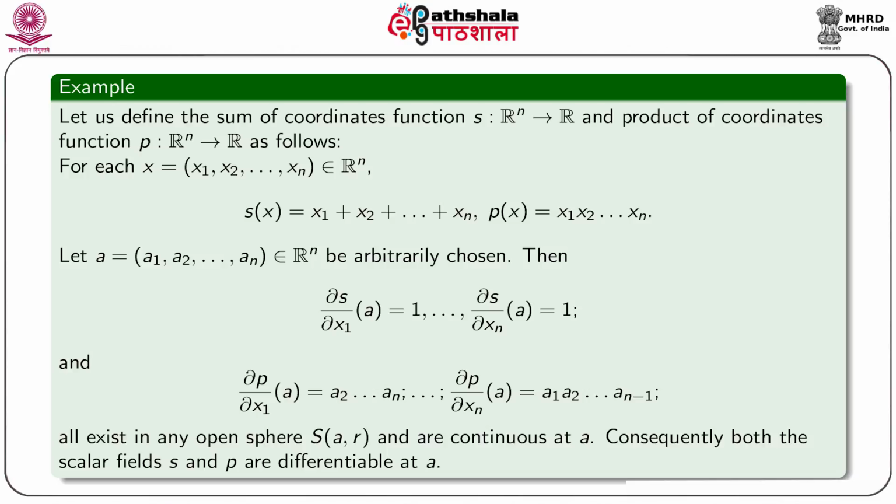Here we can find del P del x1 at a equal to a2 into an, and going in the like manner del P del xn at a equal to a1 up to a n minus 1, all exist in any open sphere and also continuous at a.